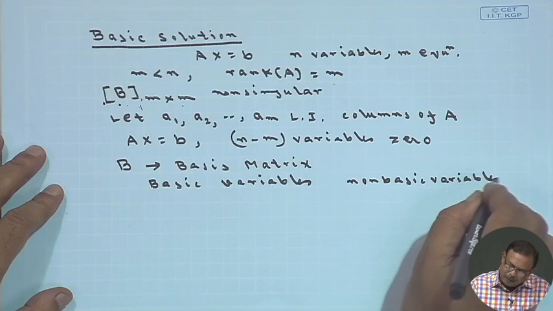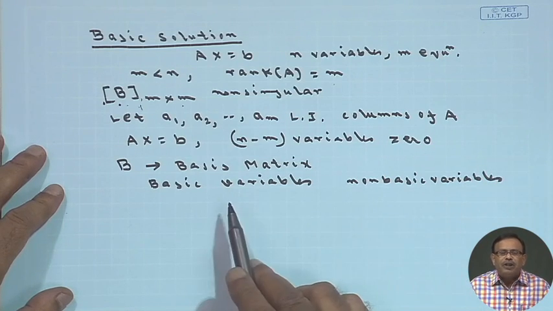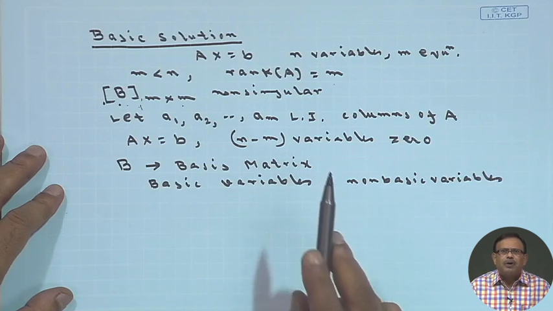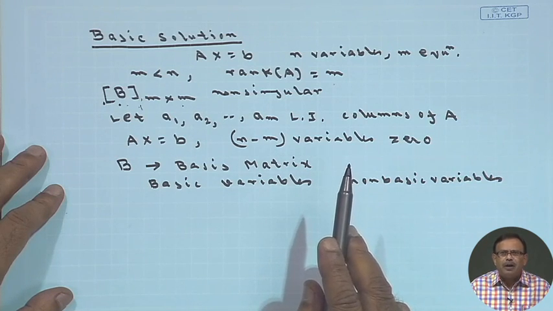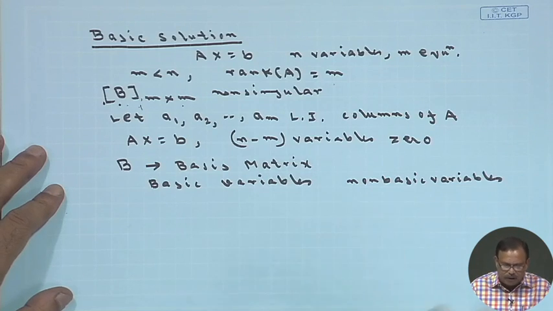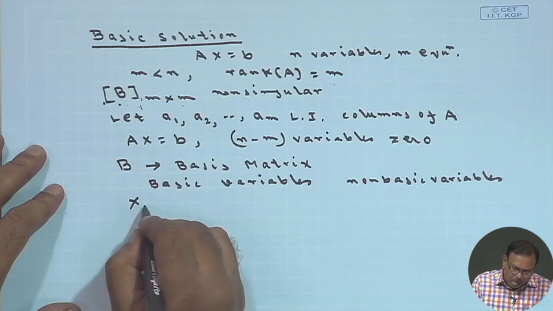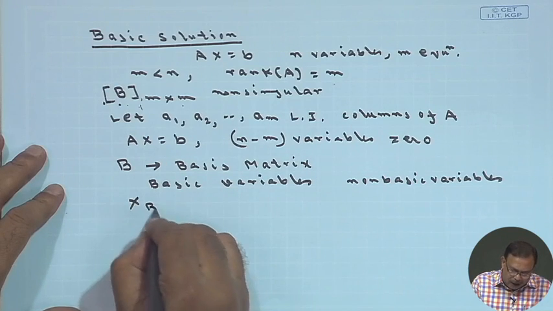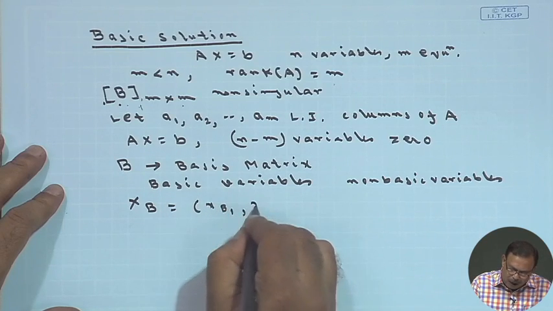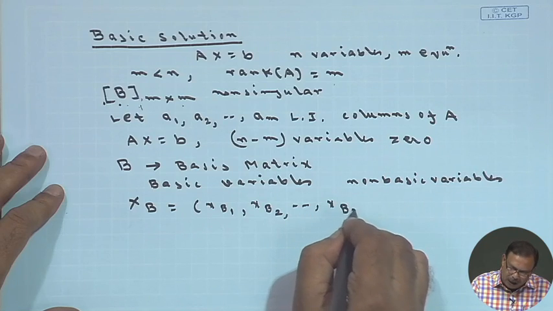So I have some basic variables and some non-basic variables. Basic variables are the variables corresponding to the linearly independent columns, and the remaining n minus m variables are known as non-basic variables. Basically, I can say that x_B equals x_B1, x_B2, and so on up to x_Bm.